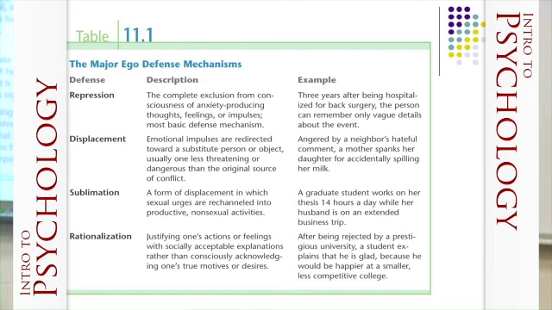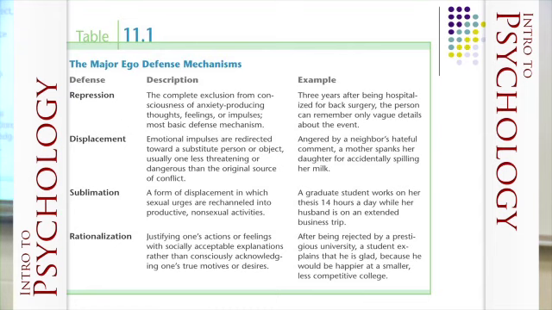Meaning, you try to forget about it. 3 years after being hospitalized for back surgery, the person can remember only vague details about the event. Otherwise, that will make the person very anxious that they might have to have the surgery again. They don't want to think about it, okay? So they try to forget about what happened the day that they were in the hospital.